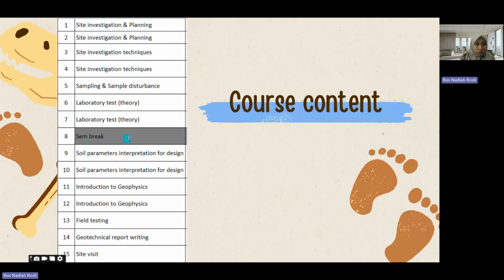At week 8 we will have some semester break, and then continue at weeks 9 and 10 on soil parameters interpretation for design, meaning that when you get the data, how you want to relate it and use it to design any construction.